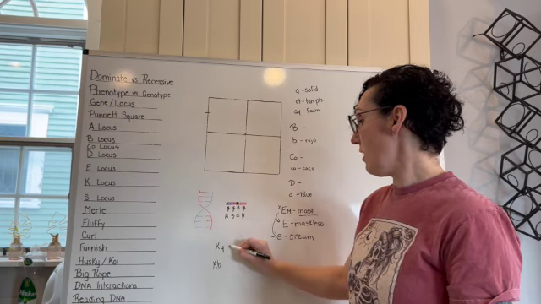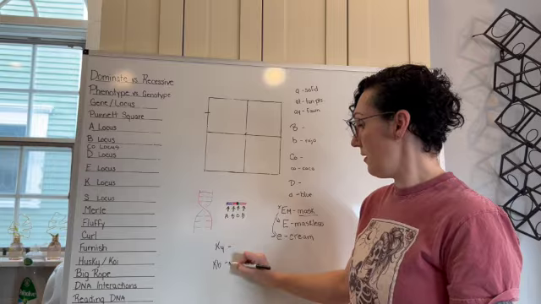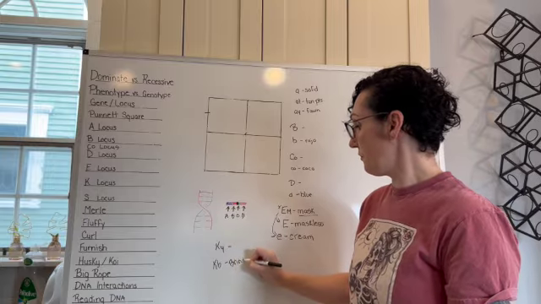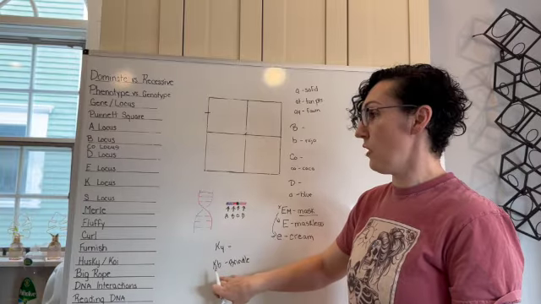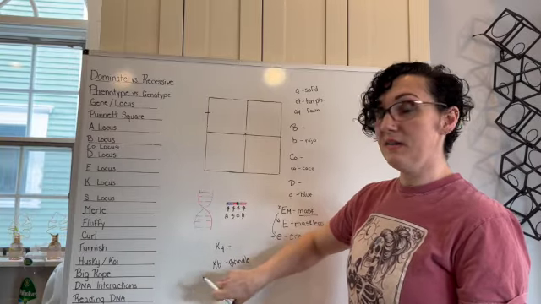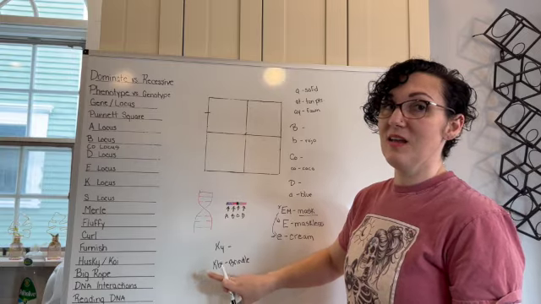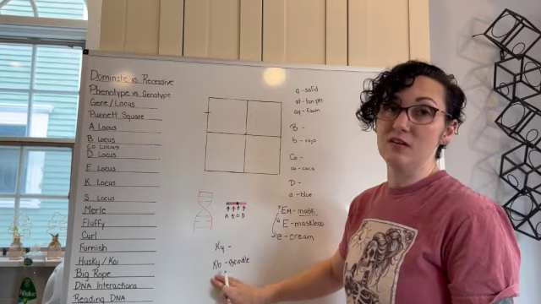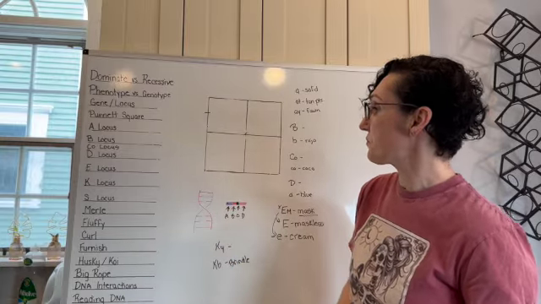So KY, no brindle, KB, brindle. Now, brindle is dominant. It only takes one copy, but it does not always express in the phenotype unless there's some specific interactions, which we will get to again in a second.